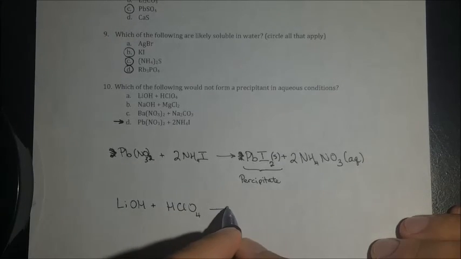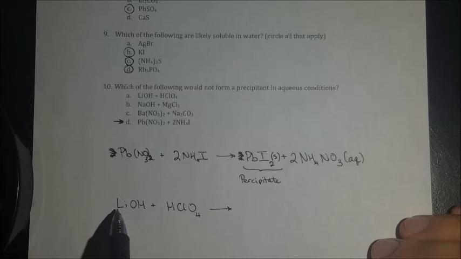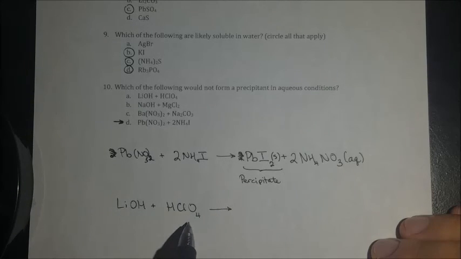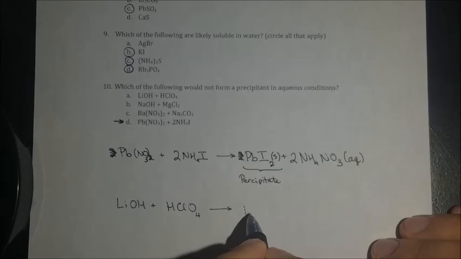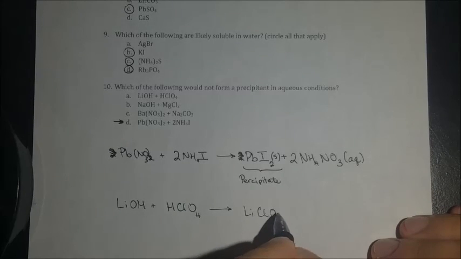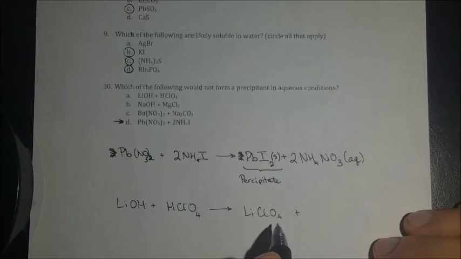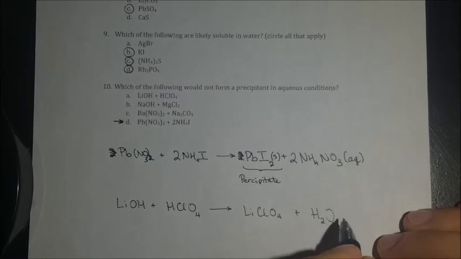So we're going to do a double displacement reaction, and the lithium is going to come over here and join up with the perchlorate. And I'll go ahead and assign the phases here in a second. And that leaves the hydroxide to join up with the hydrogen. So I'll just go ahead and show that as water.